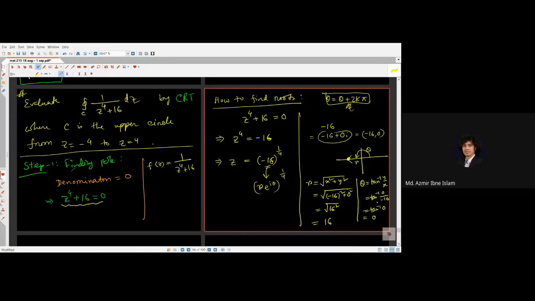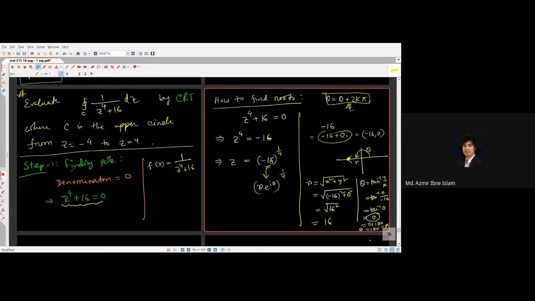Clear? So the angle that we have found should be corrected. We can see that the point is in the second quadrant, so we have to add 180 degrees. Depending on the location of the point, the actual angle is 180 degrees, which is π.